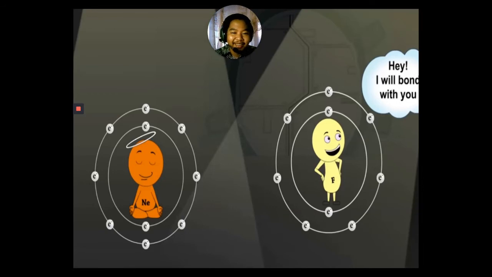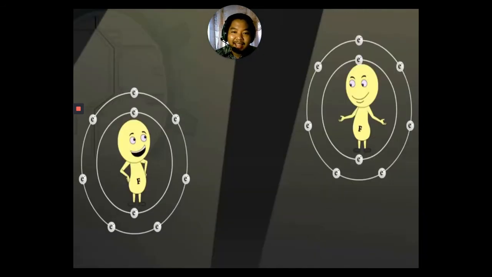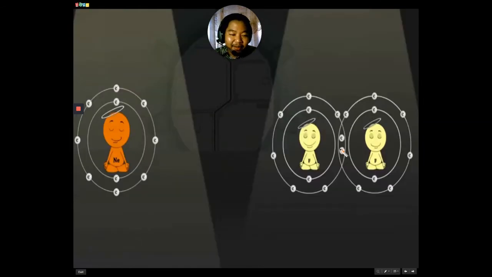So it will just look for another element to bond with, only to find out that what can complete it is only itself, right? It looks for completeness in others, not realizing that it is the one who can complete itself. Fluorine, by coincidence, has another fluorine atom that wants the same thing.